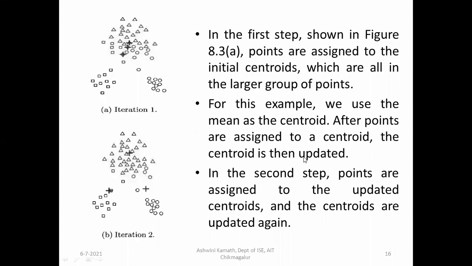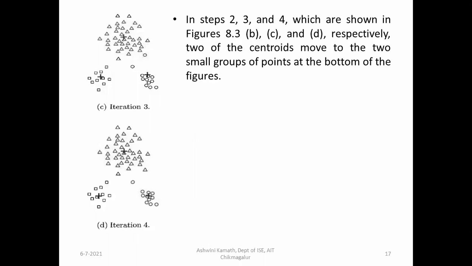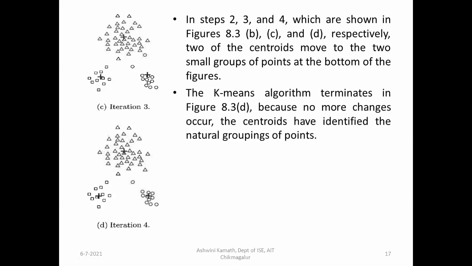For the third one also the same thing. In steps 2, 3 and 4, shown in figures 8.3 B, C and D respectively, 2 of the centroids move to the 2 small groups of points, at the bottom of the figures. The K-means algorithm terminates in figure 8.3D because no more changes occur; the centroids have identified the natural groupings of the points.